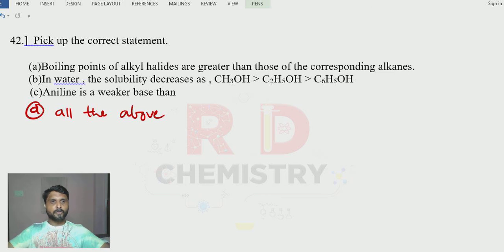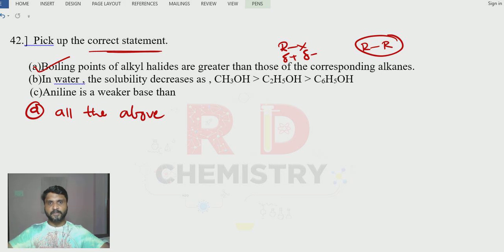Question number 42, pick up the correct statement. Statement A, boiling points of alkyl halides are greater than those of the corresponding alkane, correct? Because if I take alkyl halide, this is a polar species, the delta minus, delta plus, and alkanes, for example, if I take R-R, there is no polarity difference, correct? Therefore, if it is polar, they have a higher boiling point. Statement 1 is correct. In water, solubility decreases in the order, okay?